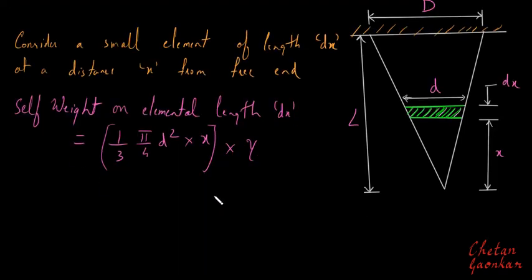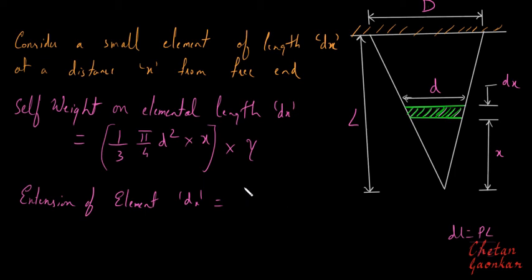Therefore, how much will be the extension in this small elemental length? The extension of element dx will be equal to PL by AE. So how much is P here in this case?